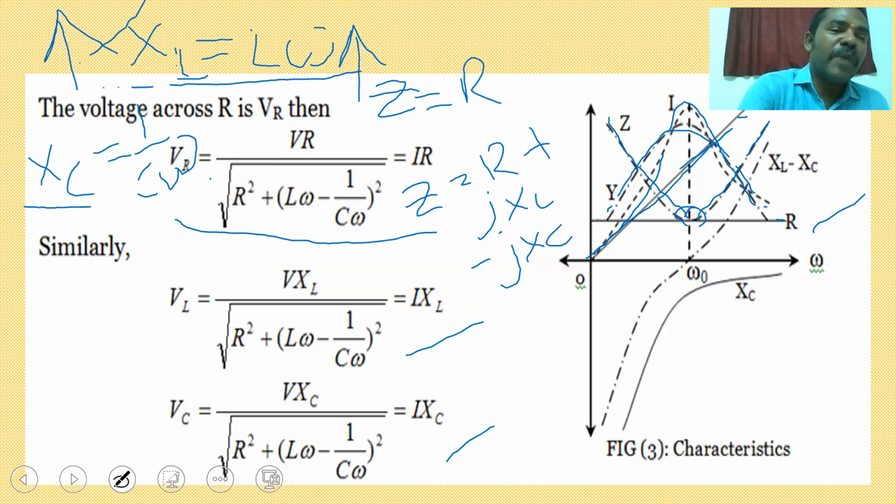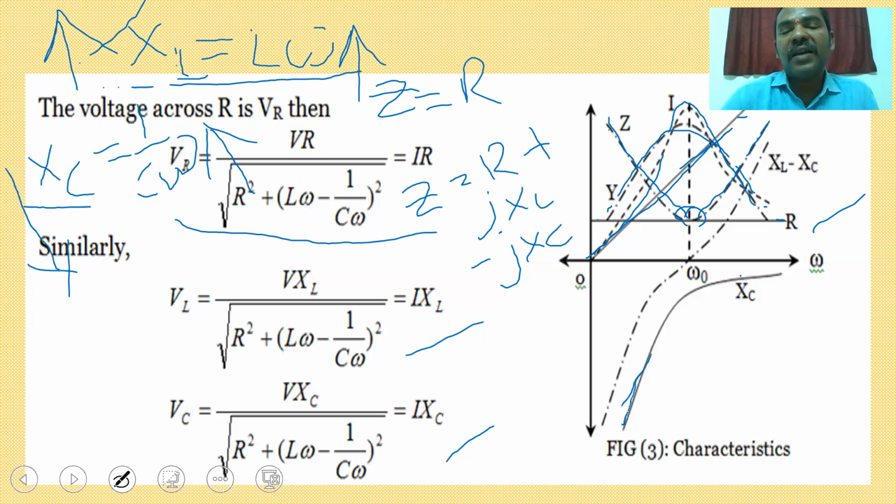As omega increases, the XC value decreases. At the 0 position, XC is at its maximum value and gradually decreases as omega increases. This dotted line is the XL minus XC value.